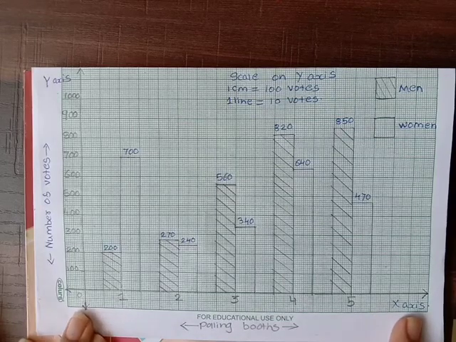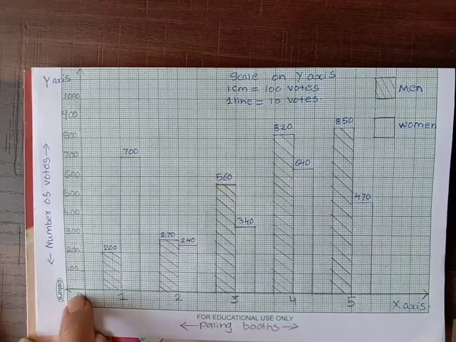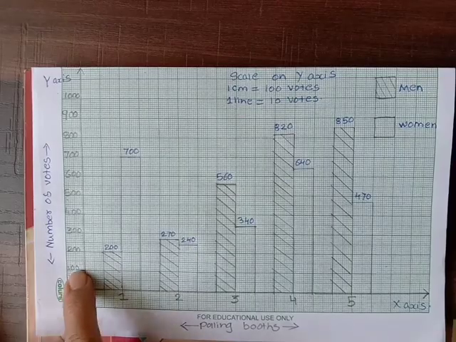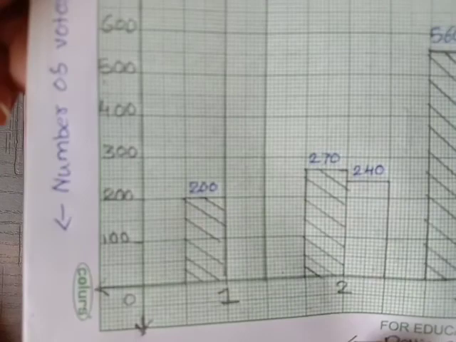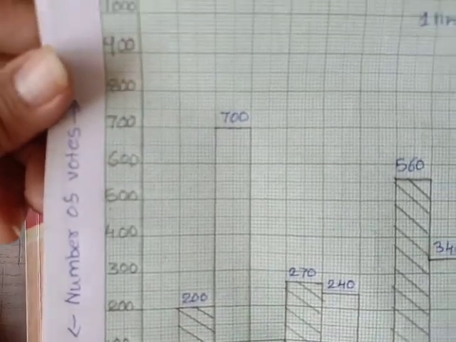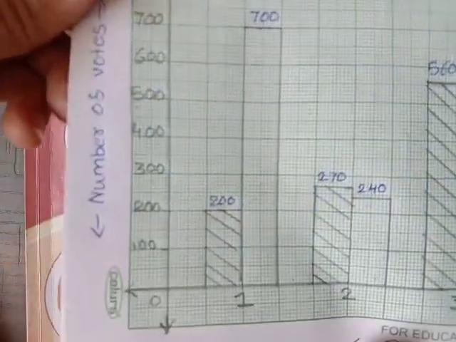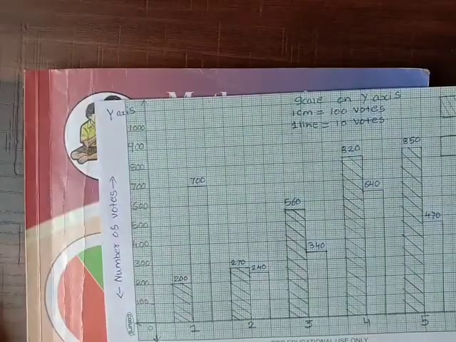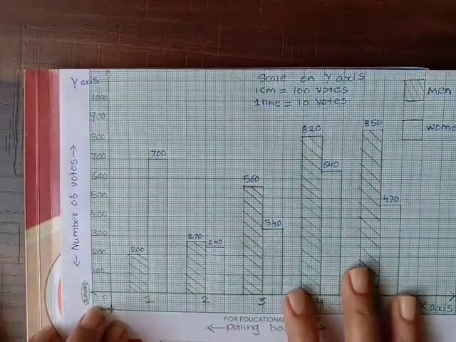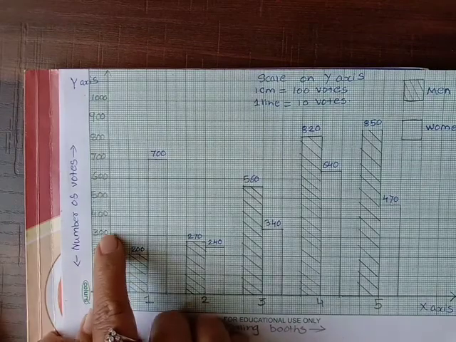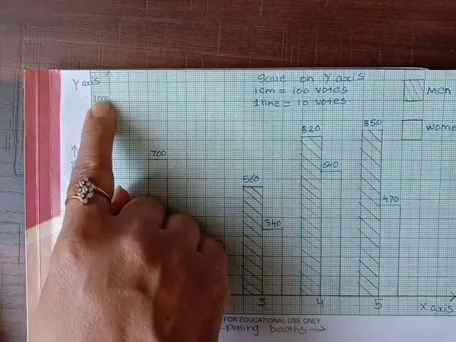Now look at the scale which I have chosen. Here it is 0, here it is 100. Can you see this? Shall I zoom it for you? See the scale very carefully. We have 0, 100, 200, 300, like this I have taken up till 1000.